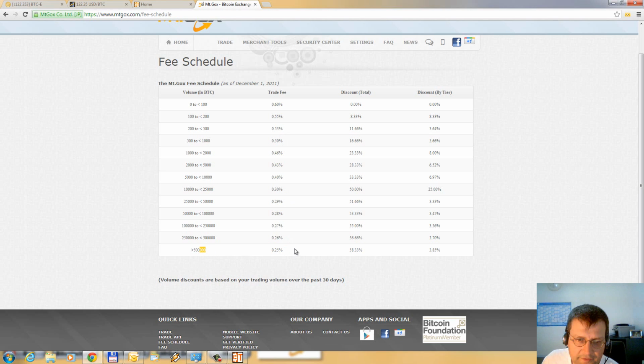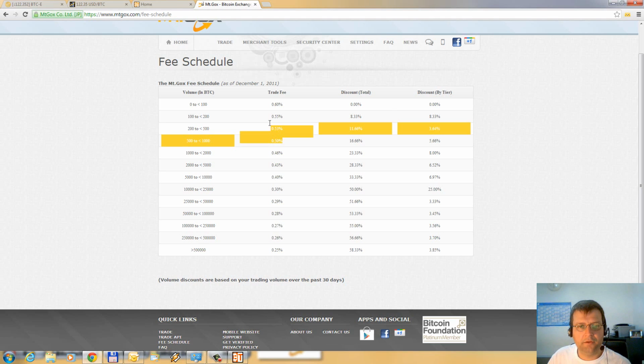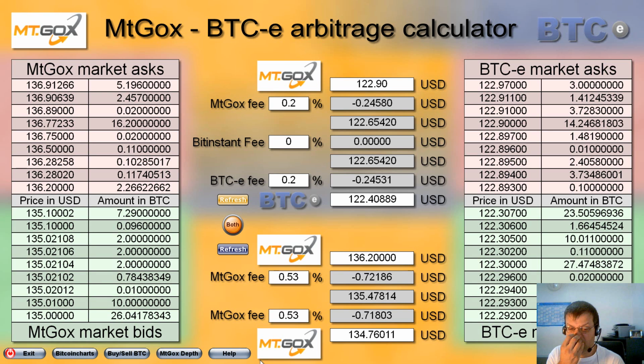So usually, if you have a small amount of bitcoins, you will face a trading fee between 0.5 and 0.6%. I also have some low trading volume on Mt. Gox, so my trading fee is about 0.53%.